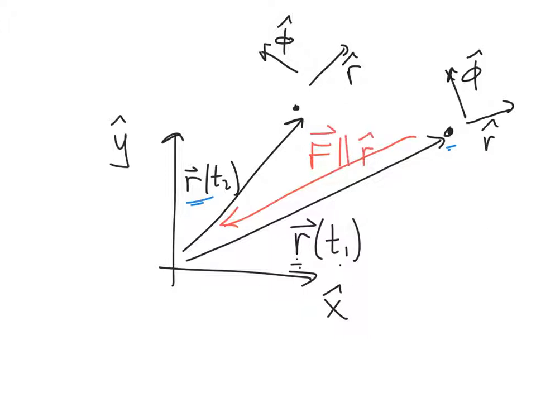And so in a case like that, it might make a lot of sense to use r hat, phi hat as our basis vectors. But as we see here in this example, the time derivatives of these basis vectors are non-zero. So next, let's think about how to calculate the time derivatives of these basis vectors so that we can do the dynamics properly in this coordinate system.